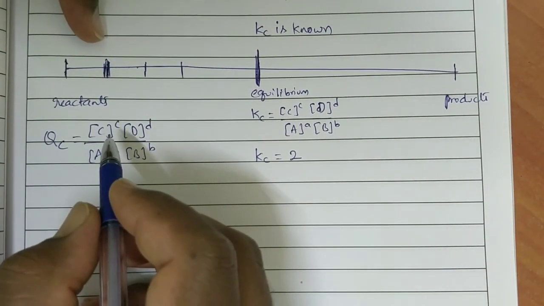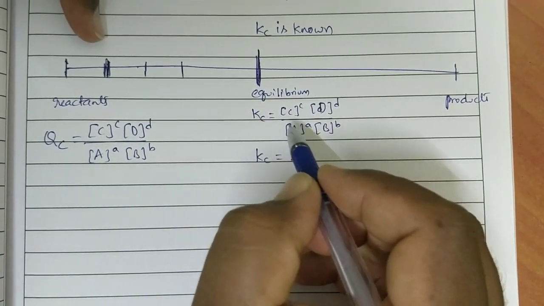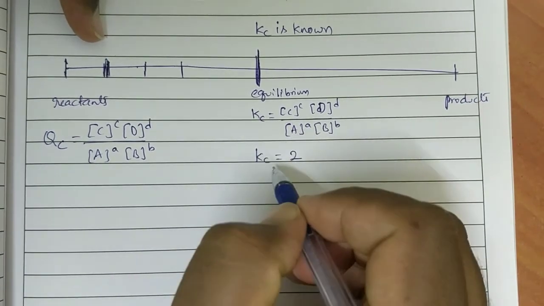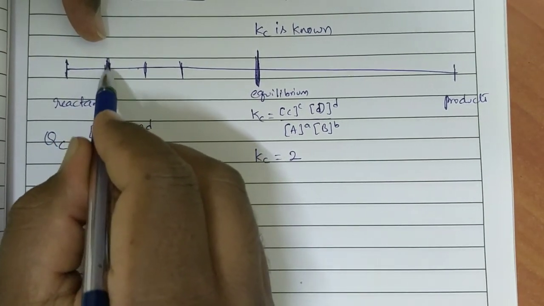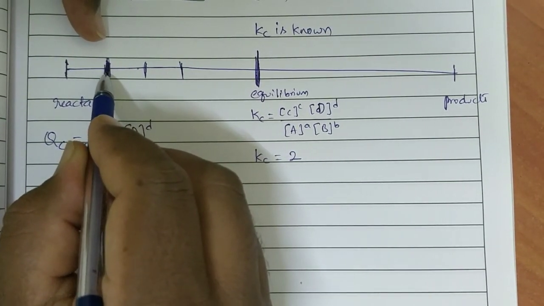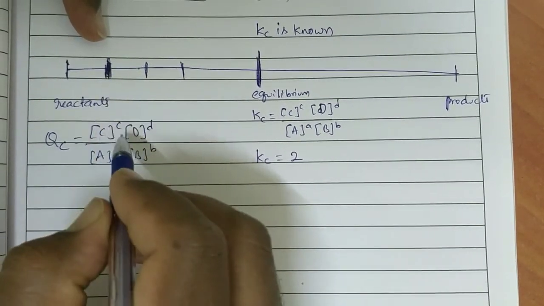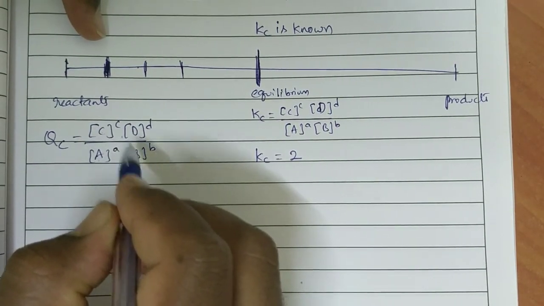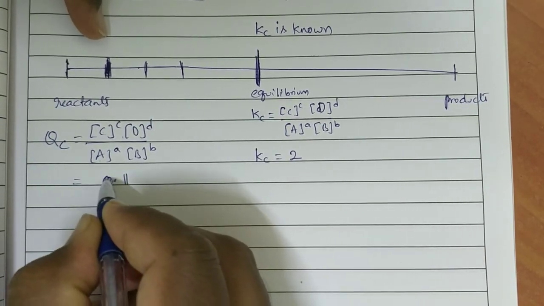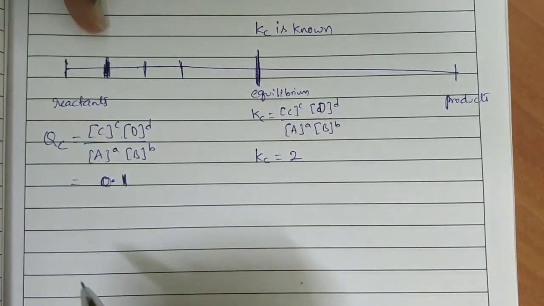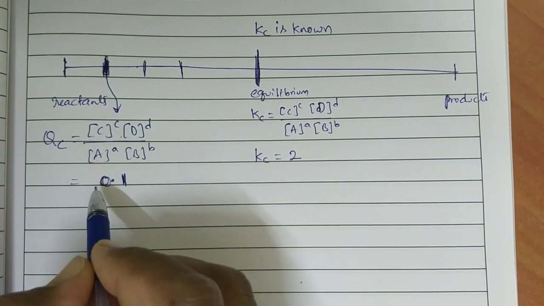Same formula I am applying. Actually at equilibrium only these concentrations exactly matched and we got the Kc value correctly as 2. But at any other point of time, suppose a scientist observed here, and took the concentrations of C, D, A and B. By applying those numerical values at this point, he got a Qc value of 0.1.